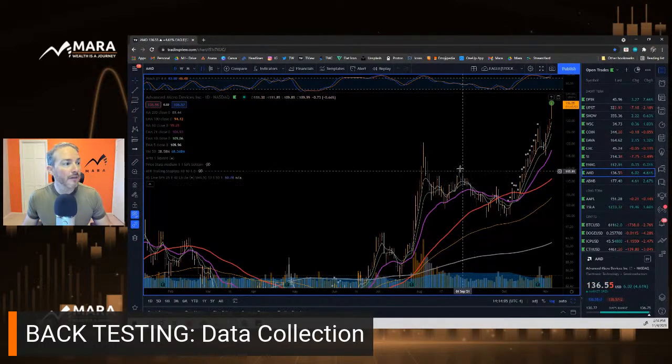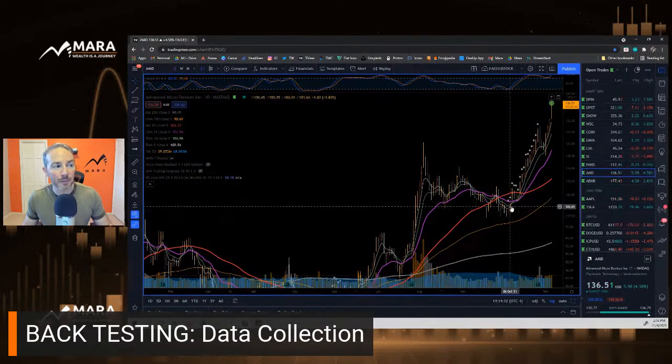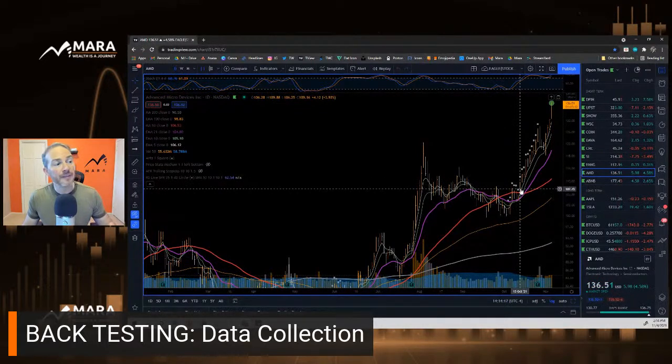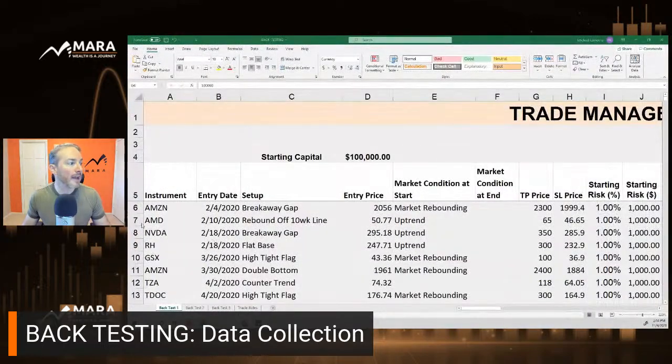If you see this entry down here, let's say price came down and started to form this double bottom, and maybe this is an early entry as it's retaking the 50-day moving average. Maybe you're testing that as your entry, and so you would come back over to your spreadsheet and log AMD as breaking through the 50-day moving average, and here's your entry price and where you would place your stop. So it doesn't necessarily have to be trades that you've already taken.